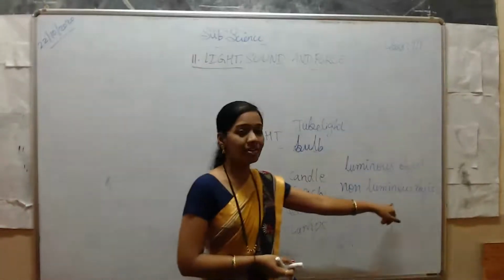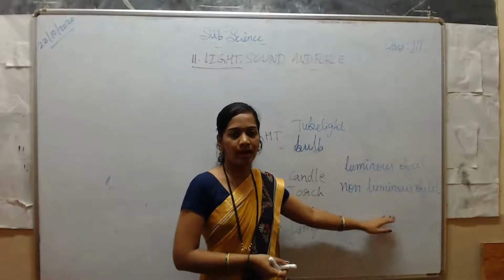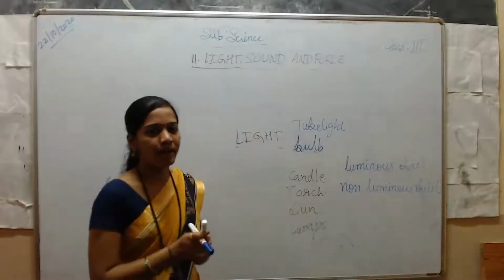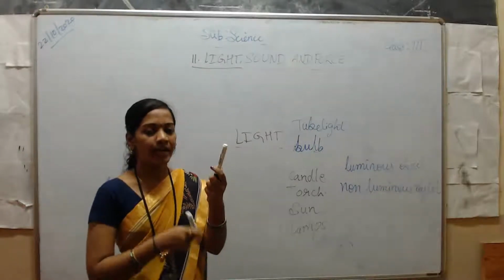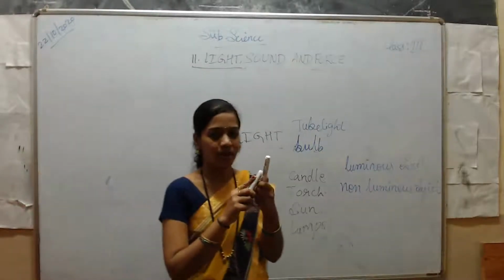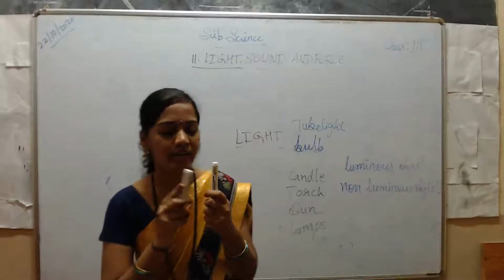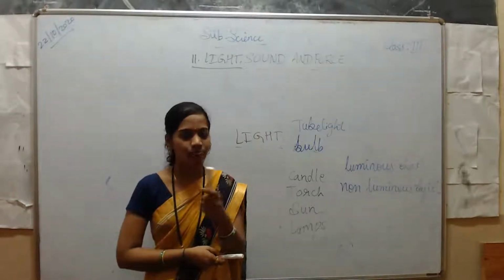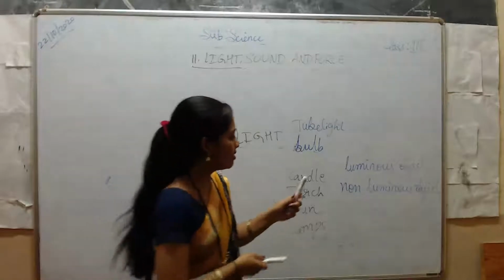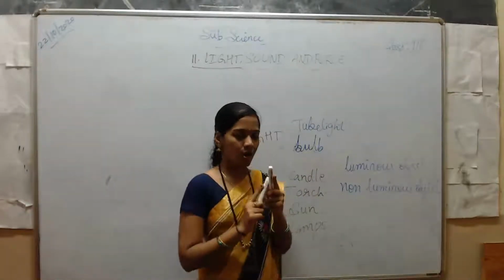Non-luminous means the things which do not give out light. For example, a pen. Is this luminous or non-luminous? It is non-luminous, because it cannot give out light. Can we get light from the pen? No. So this is a non-luminous object.